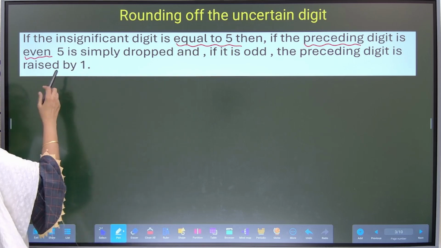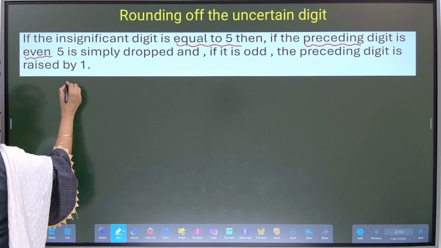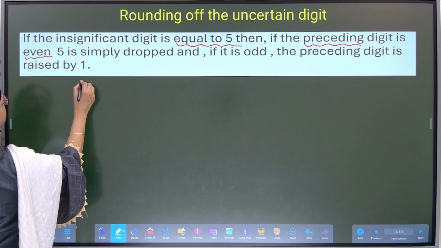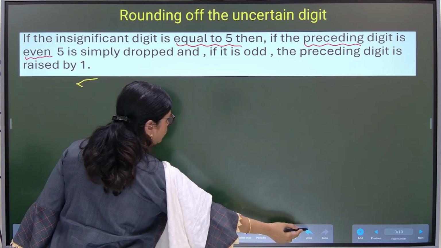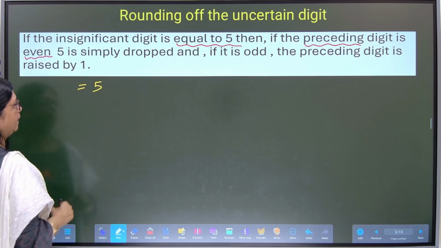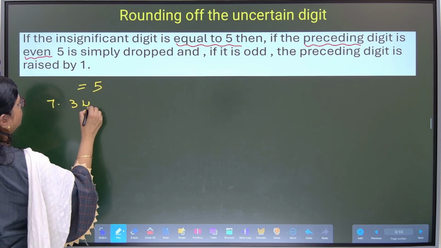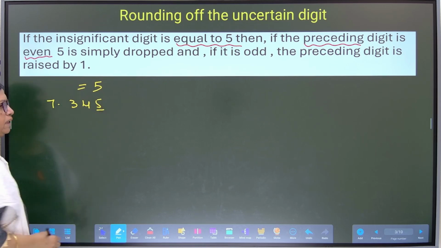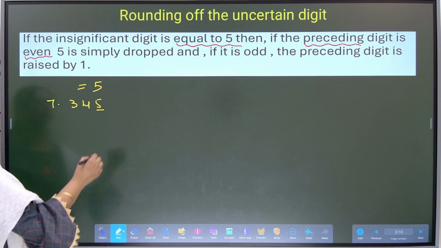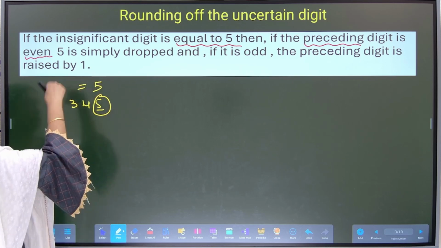Now let us write one significant number which has a dropping digit equal to 5. So 7.345. Now this is the dropping digit which I have underlined. This is equal to 5. So what should I do? I should go to the preceding number.